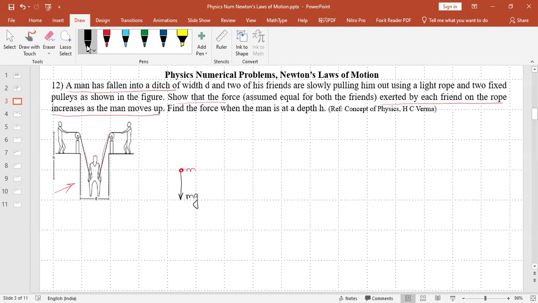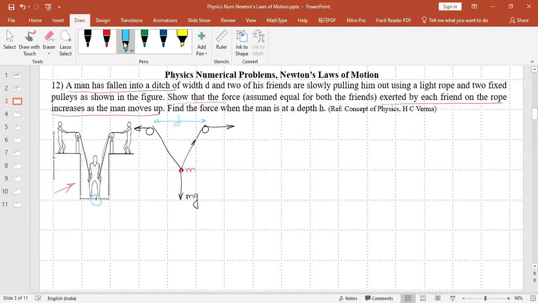There are two ropes like this, and there is a pulley. It is said that both of these are identical. It is also said that the distance between these two pulleys is d.